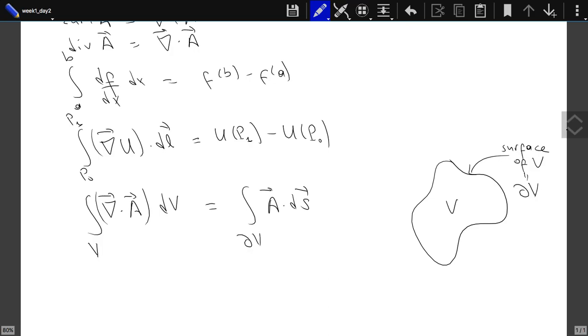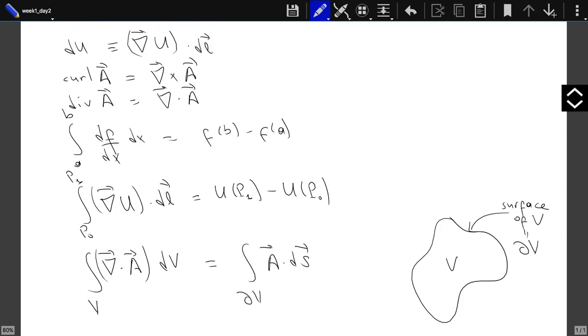In a sense, these 2 expressions, the one-dimensional case and this one, mainly state the same thing. If you take a straight line, what is the boundary of that line? The endpoints.